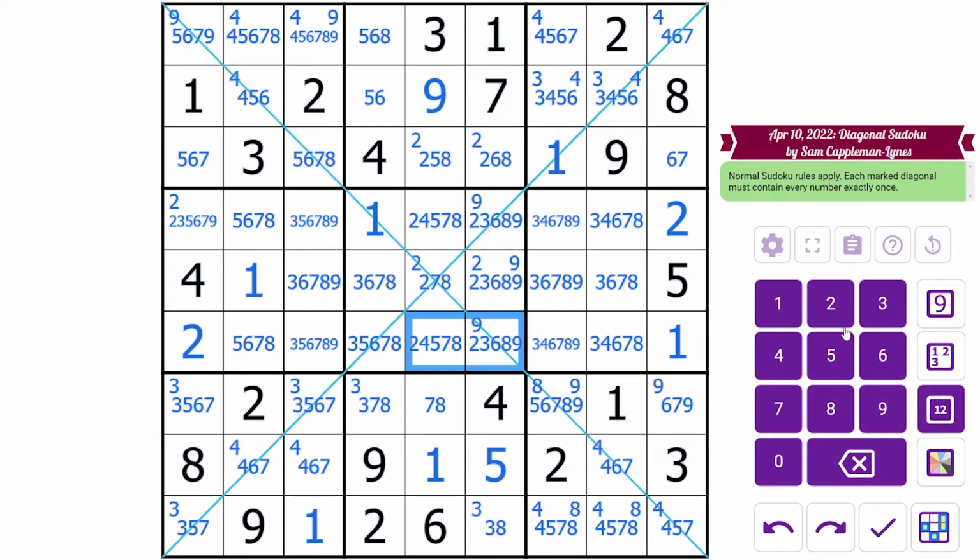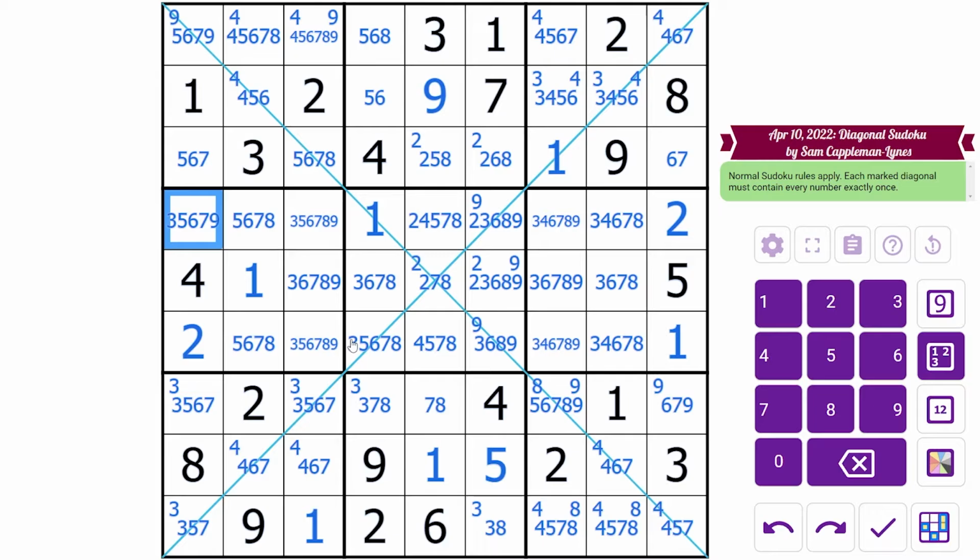These are not 2. None of these are 2. And we keep moving on. So this is obviously not a 2.